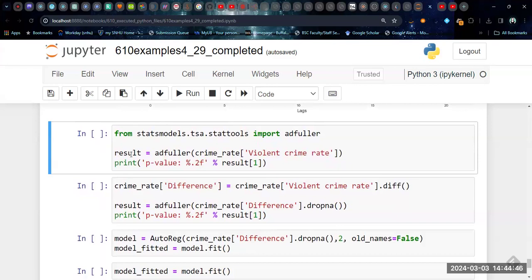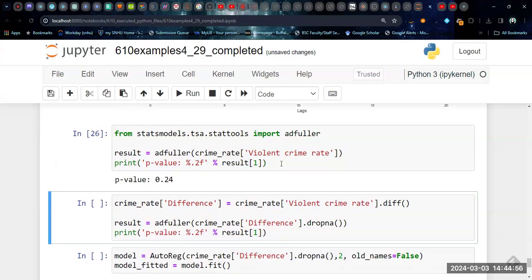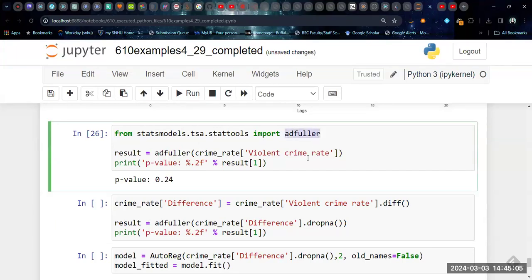Now, another operation that we can do from the statsmodels package is we can calculate the p-value of our model. Essentially, what we're going to calculate is whether our data is stationary or not. Is it random or not random?